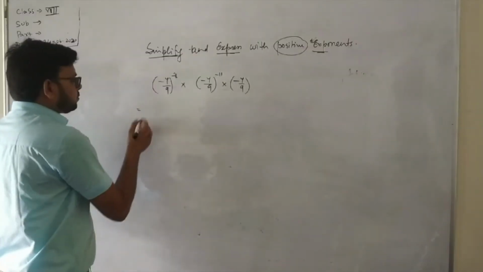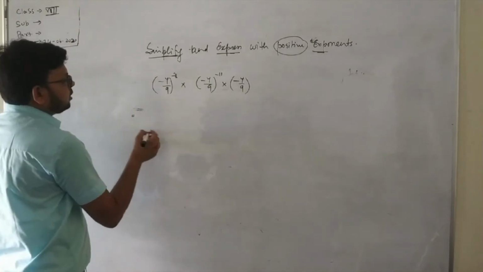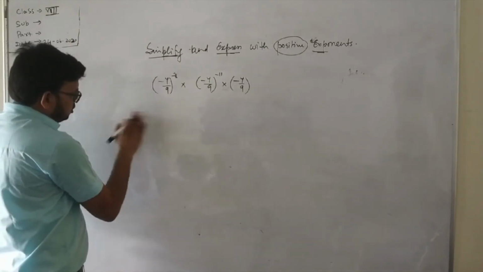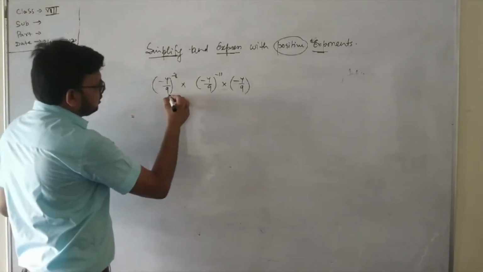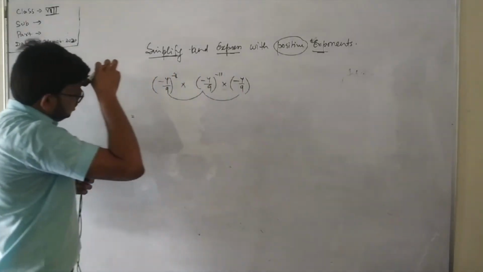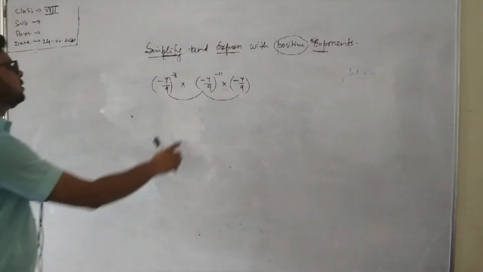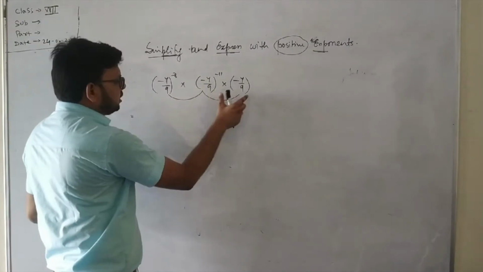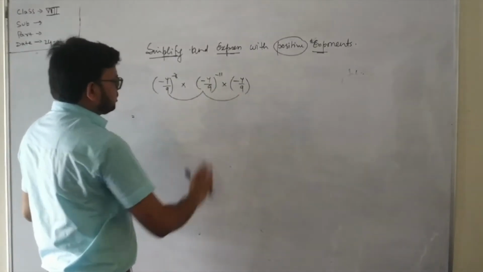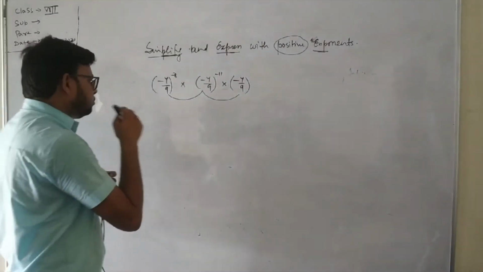Okay, what we are observing in this question: the bases are the same, minus 7 by 9, and between the bases multiplication is present. So what do we do?